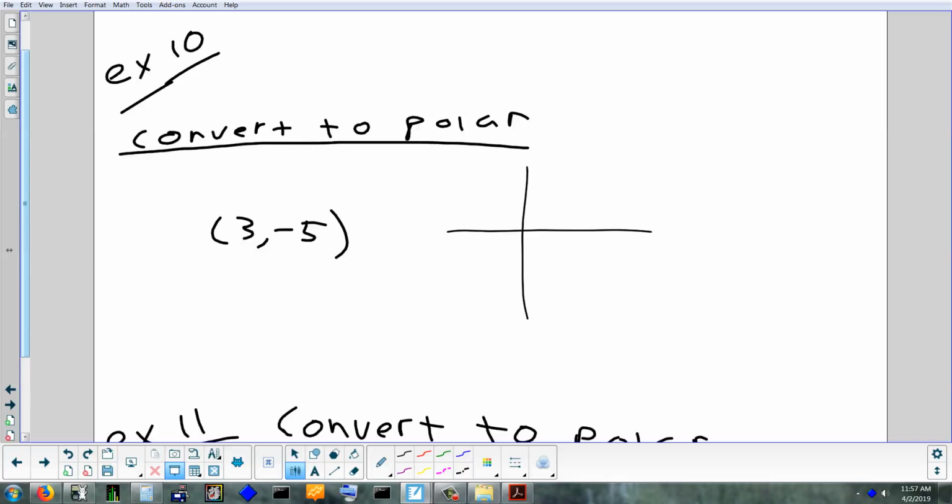Let's see, right 3 down 5. Yep, you don't even really have to graph it. If you can figure out the quadrant in your head, that's fine. So we know it's in quadrant 4. So when I find the angle, do I add 180 or no? No. It's just the inverse tangent. What goes on the top? What goes on the bottom? -5 on the top, 3 on the bottom.